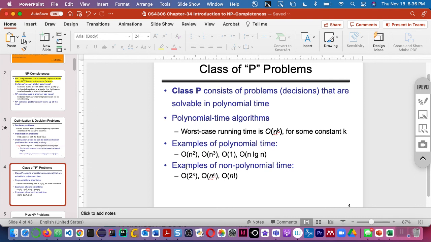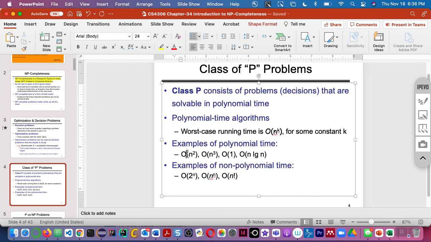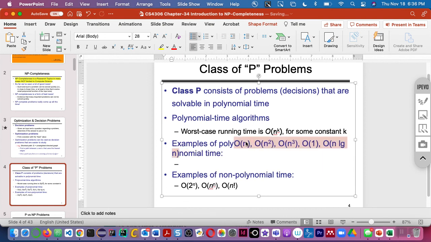Some of them can be solved in polynomial time. Polynomial means either big O n, or big O n squared, or big O n cubed, or constant time, or big O n log n, whatever. These are actually polynomial time.